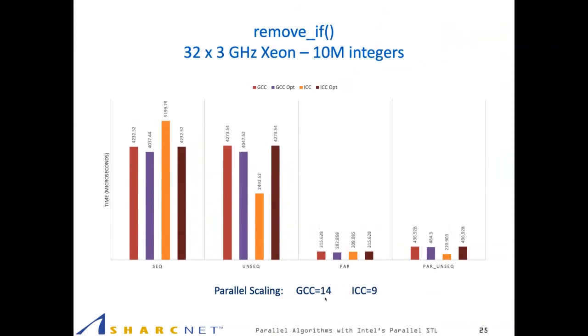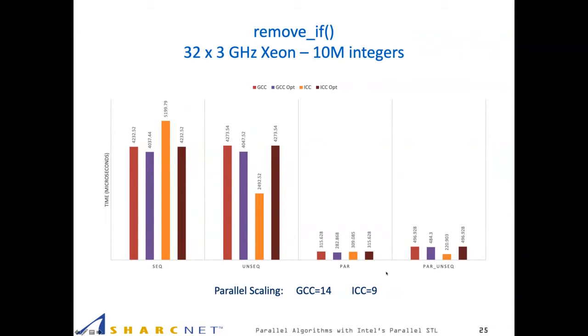For remove if, it's the only one where you can see that for Intel, the OnSec performance is better than the sequential version, but strangely enough, the sequential version of Intel is higher than, for example, GCC.